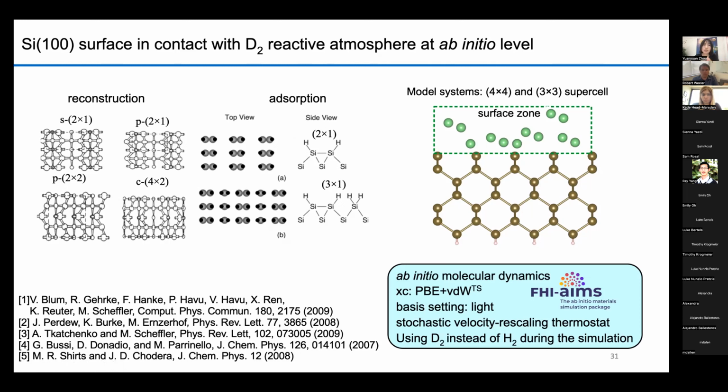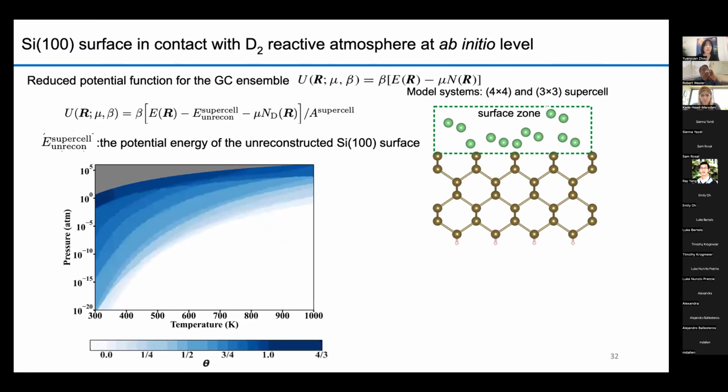In order to include different reconstruction patterns and adsorption patterns, we built two model systems. One is 4x4, the other 3x3, and we performed individual replica exchange grand-canonical simulations for these two supercells. All the DFT calculations are performed with the FHI-aims code.